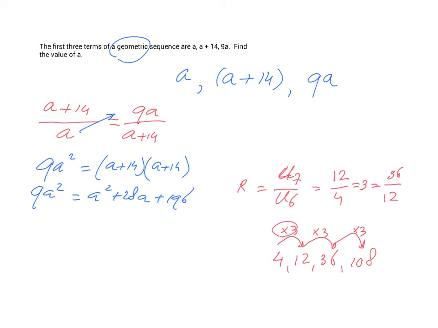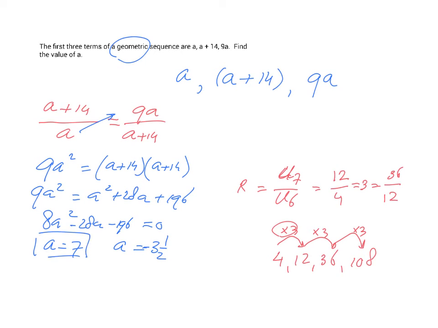So to solve it, we will rearrange it and equal it to 0. I like to keep my term in a squared positive, so I'm going to say 8a squared minus 28a minus 196 equals 0. You can plug it in your calculator. You're going to get a equals 7, or a equals minus 3.5.